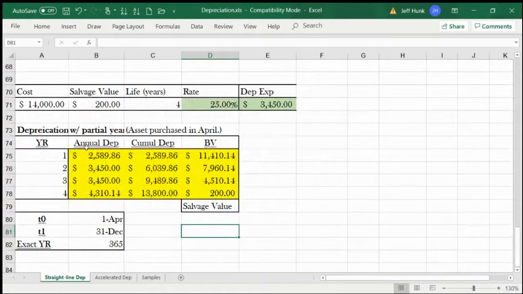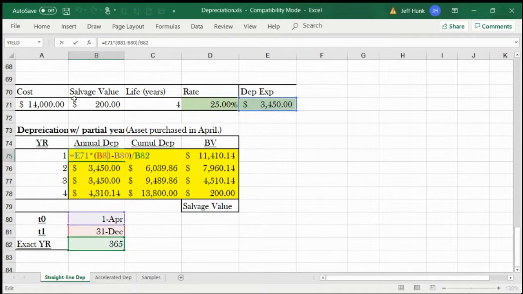We took a look at this in the last class. The last thing we did in the last session was the partial year depreciation, and if you remember, the partial year adjustment was made in the first year and in the last year, so that you would exactly end up with the salvage value at the end of the last year.